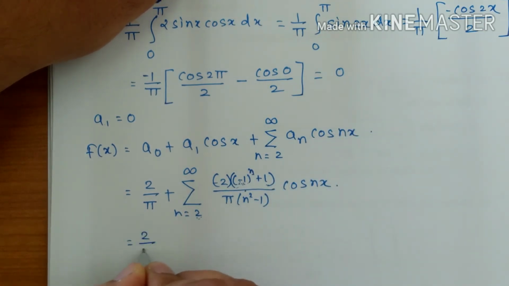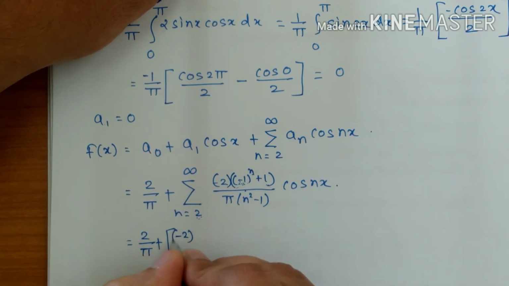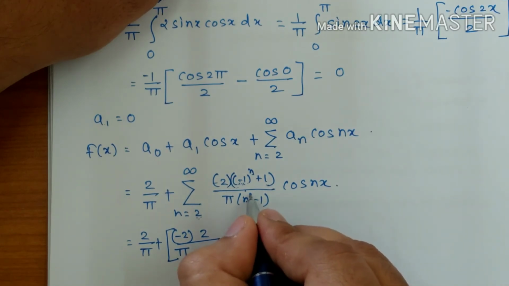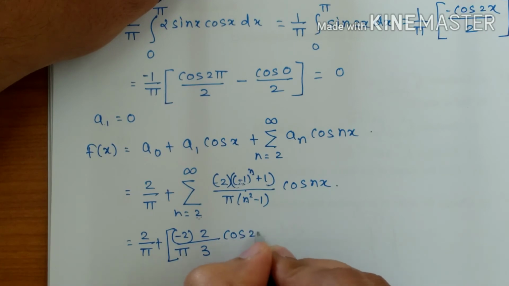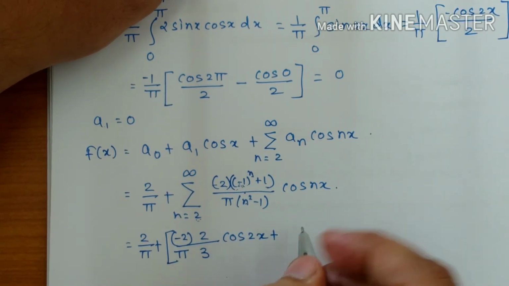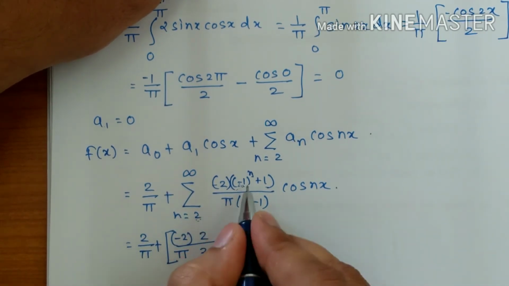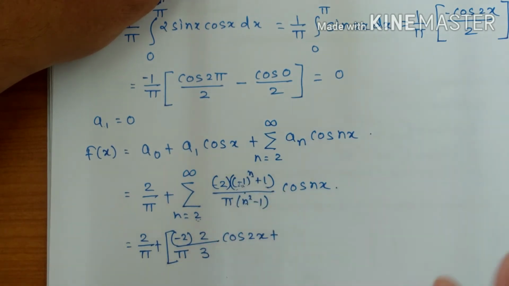Hence this is 2 upon pi, into bracket, minus 2 times 2 upon pi into 2 square minus 1, that is 4 minus 1, that is 3, into cos 2x, plus the next value of n is 3, that is odd, for which this bracket is 0, so skip this.